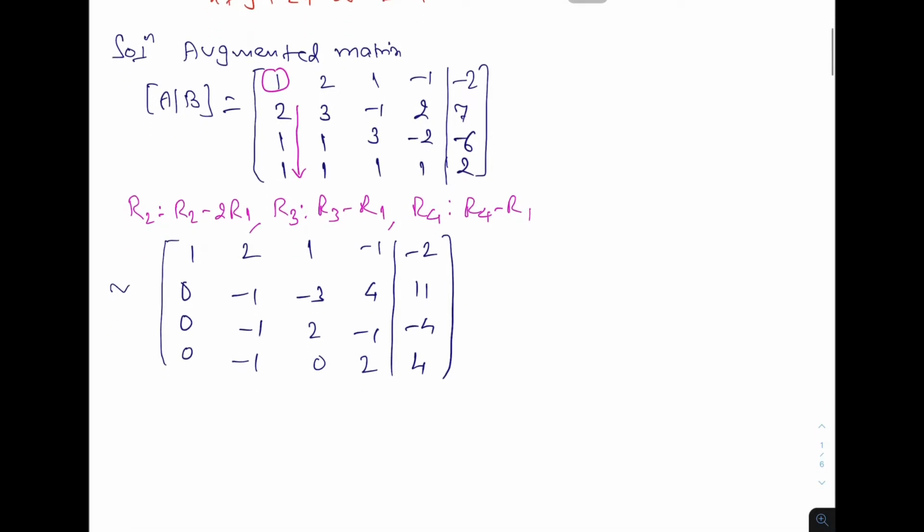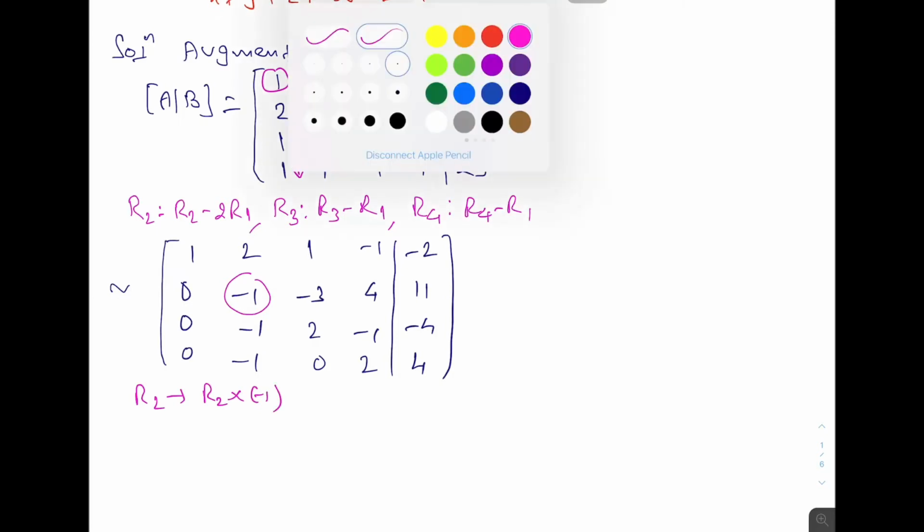Okay, now here we have minus 1. The leading one is already there, so we can make this minus 1 to 1 by R2 into minus 1.